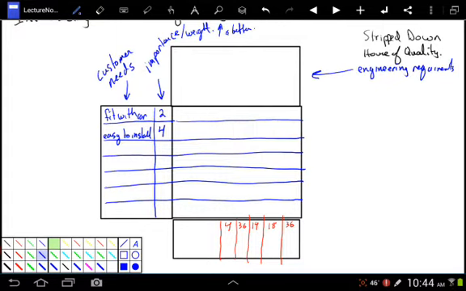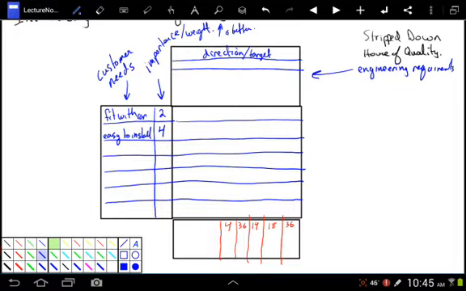Okay, so you're going to list your engineering requirements here. And we're actually going to do a couple things. One, we're going to take 2 rows here, and we're going to use these rows to tell the direction or target. Remember how we talked about your engineering requirements should have a direction or a target or a threshold?